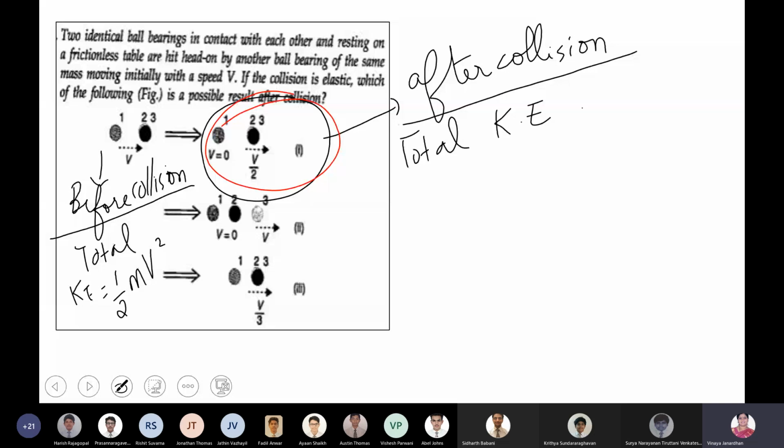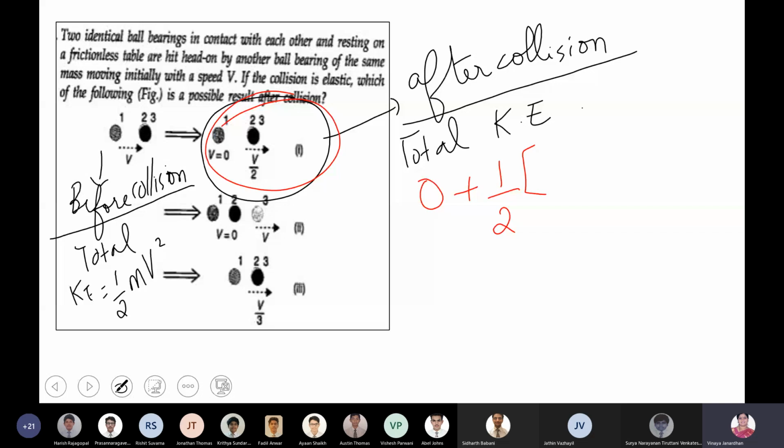What will be the kinetic energy of particle 1 after collision? It will be 0 since it is not moving. Now 2 and 3 are combining and moving, so what will be the total mass? The kinetic energy formula is half m into v squared. What is the mass, boys?